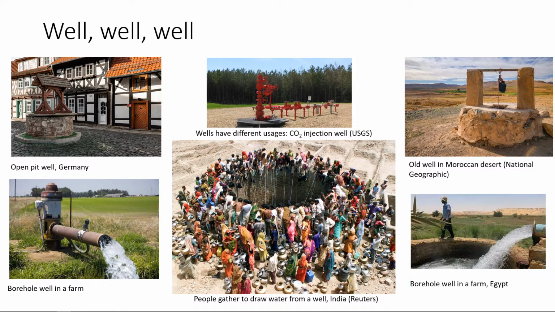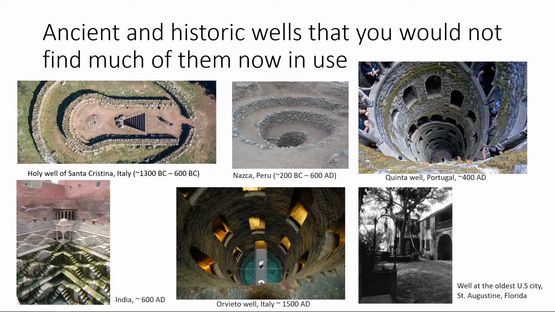So that's also one use for a well. So you see, there are a lot of applications. You think it's only used for groundwater purposes, like agriculture, domestic use, or industrial use, but it has a lot of applications.